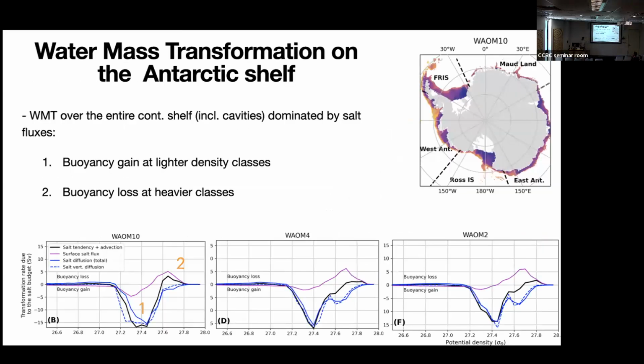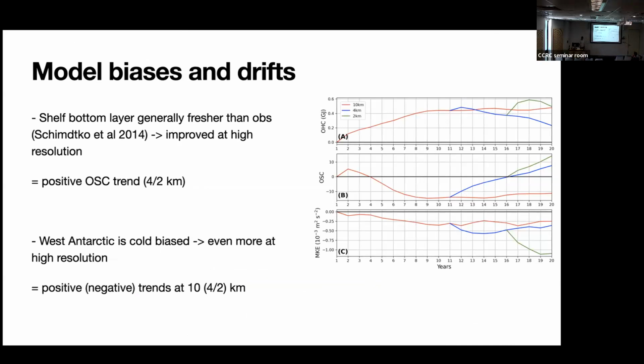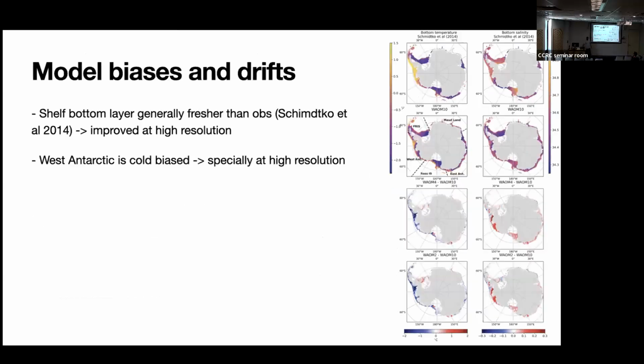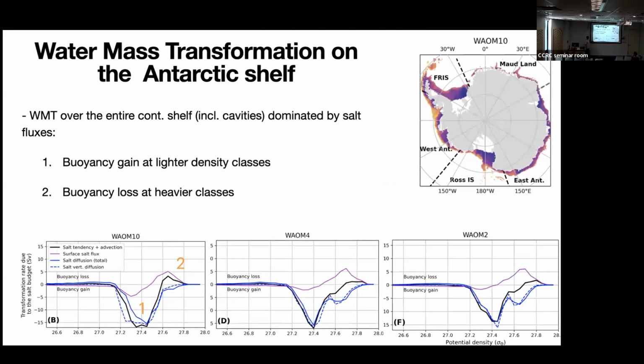All right, so what you obtain after going through this water mass transformation framework is this omega function that depends on density and time. And that pretty much gives us this graphic where we have transformation rates on the y-axis. If it's a positive transformation, the waters are becoming heavier. If it's a negative transformation, waters are becoming lighter.